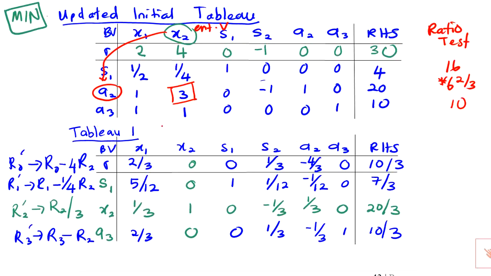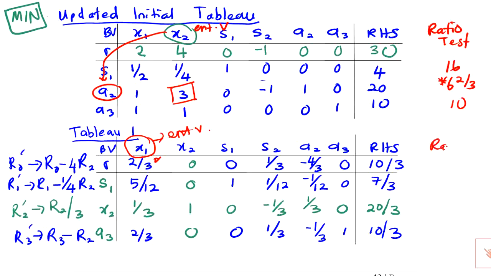From here we can see that there are still positive coefficients in row 0. So we choose the most positive coefficient here. So we choose x1 as the entering variable for the next Tableau.